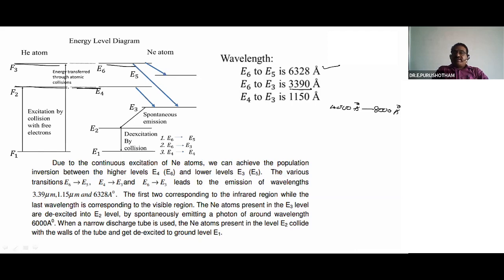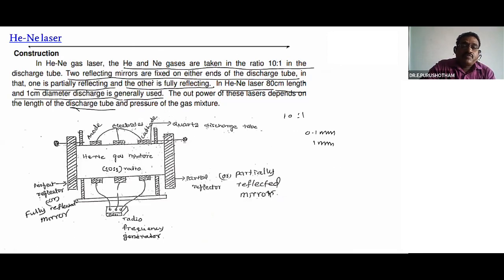The 3,390 angstroms and 1,150 angstroms are less than 4,000, so these two wavelengths are invisible and we cannot see them. But the visible red colored 6,328 angstroms radiation is incident on the fully reflected mirror, reflected onto the partially reflected mirror, and reflected again. After some incidents and reflections, this ray gets sufficient energy and comes out of the partially reflected mirror as the helium neon laser. This is very, very important, a compulsory essay.